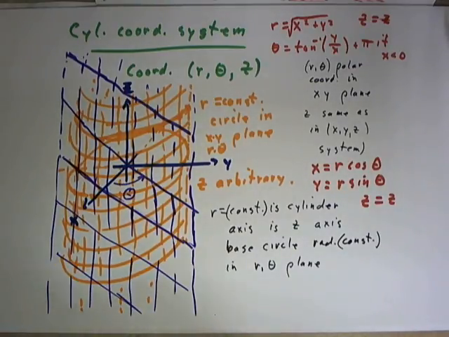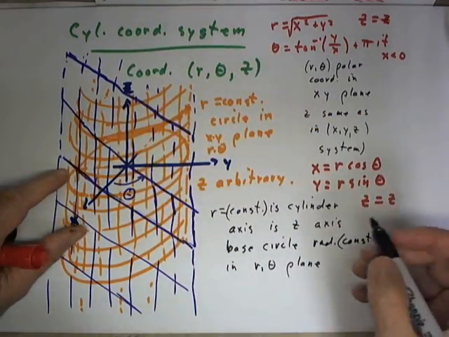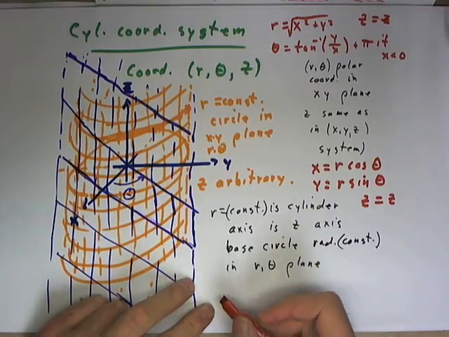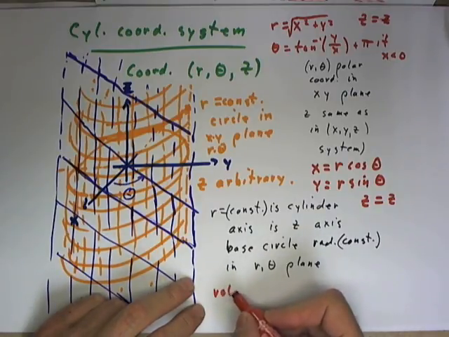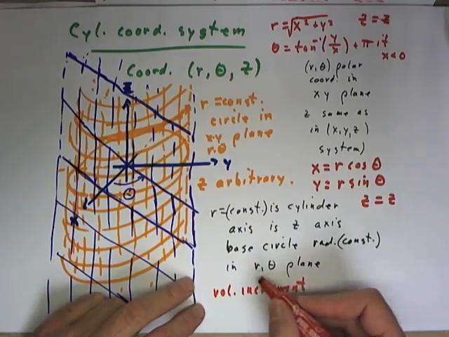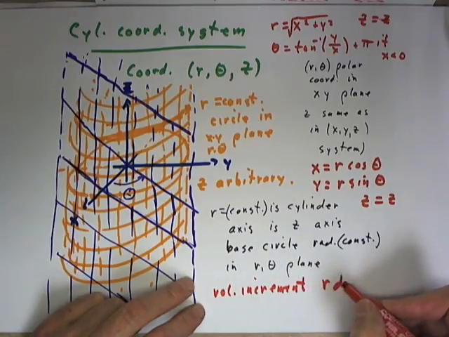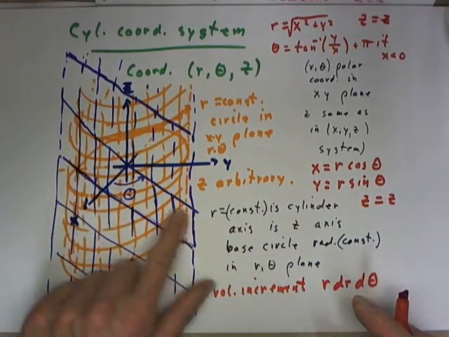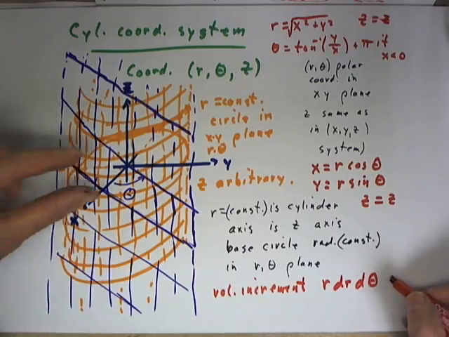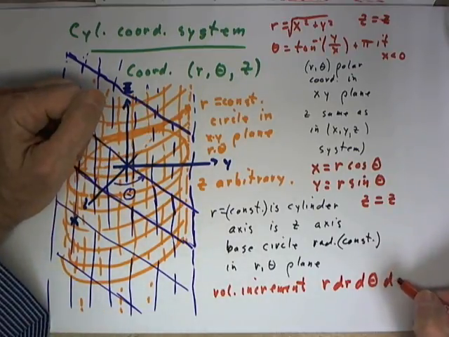The volume increment in r theta z coordinates is, as we've shown, just r dr d theta dz, which is just the area increment down in the polar plane, the r theta plane, multiplied by dz.